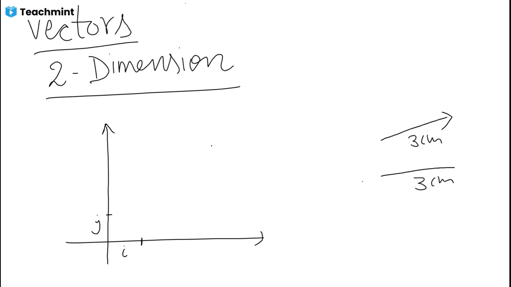So if we have any vector here, like we have 2, 3, 4, so we have a distance of 3 along the y-axis and 4 along the x-axis.